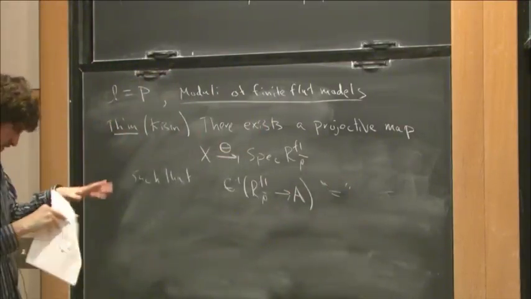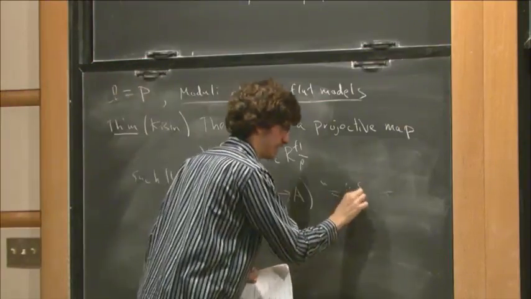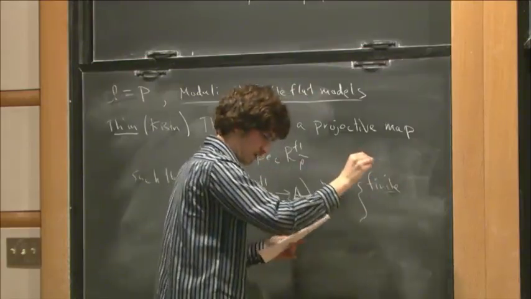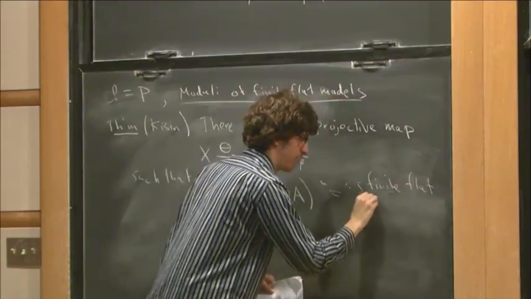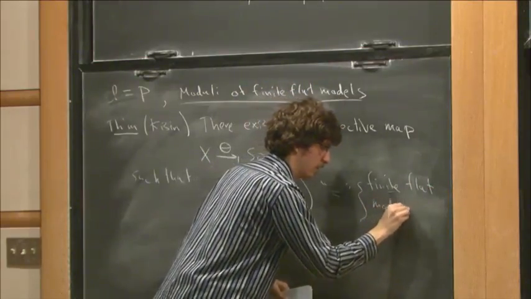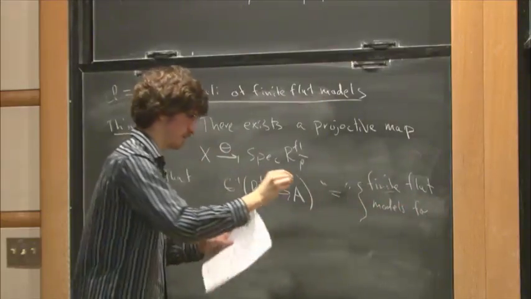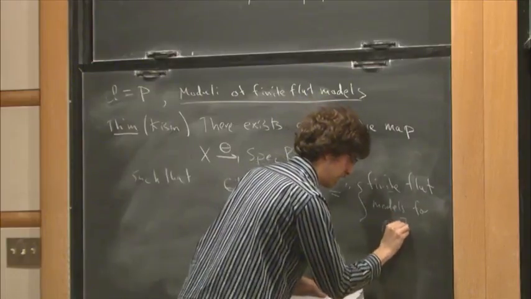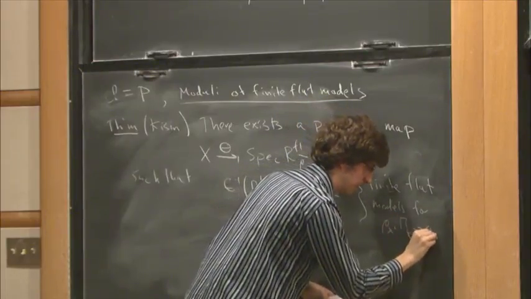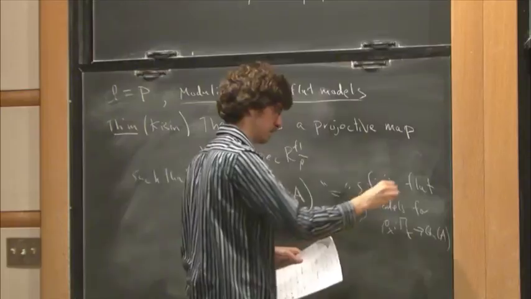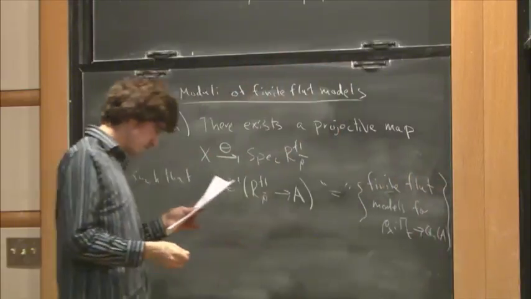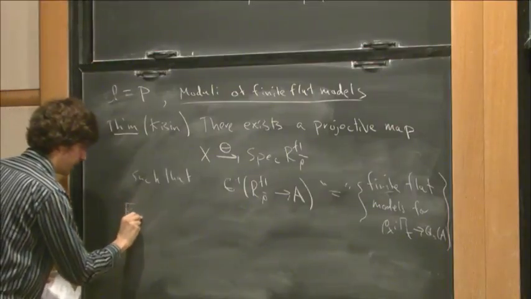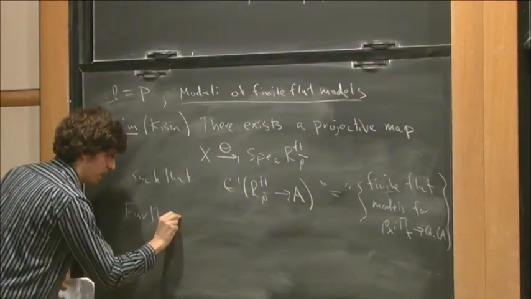maybe, yeah, I'll come back to your question in a second. So the fibers over it should be the set of finite flat models for the corresponding representation, the rho sub x into GL_N of A. And let me just finish the theorem, and then I'll say a bit more.